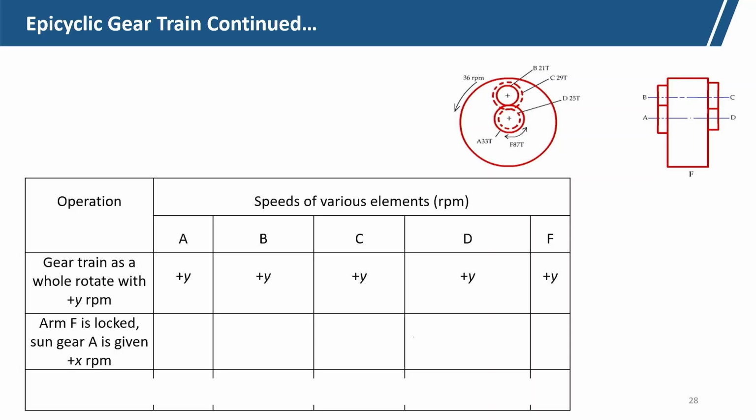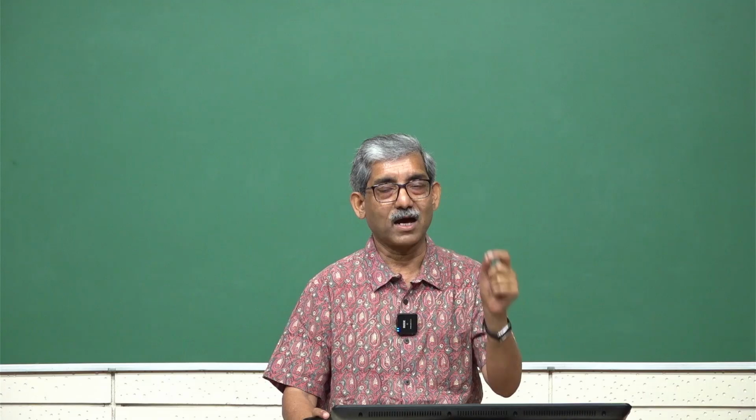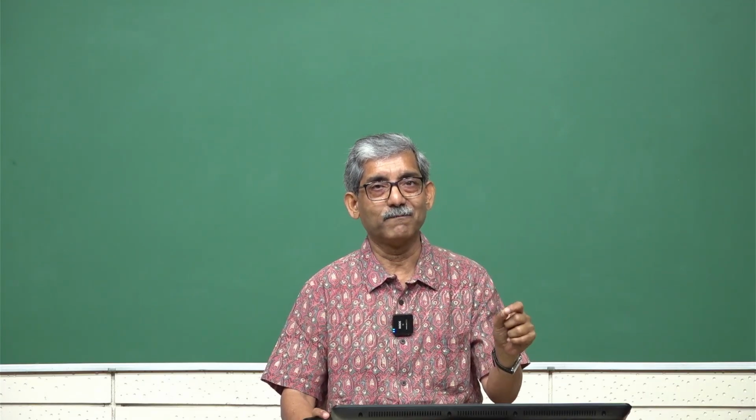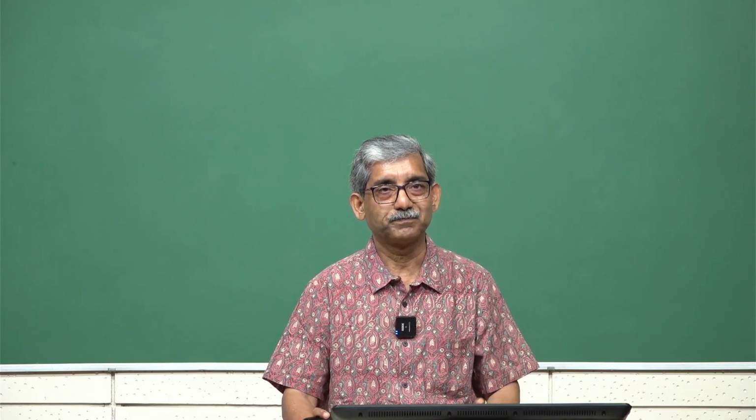So the arm has speed 0 rpm, and we give x to the sun gear, which is A. As I told, we have to identify the arm, planet and sun.